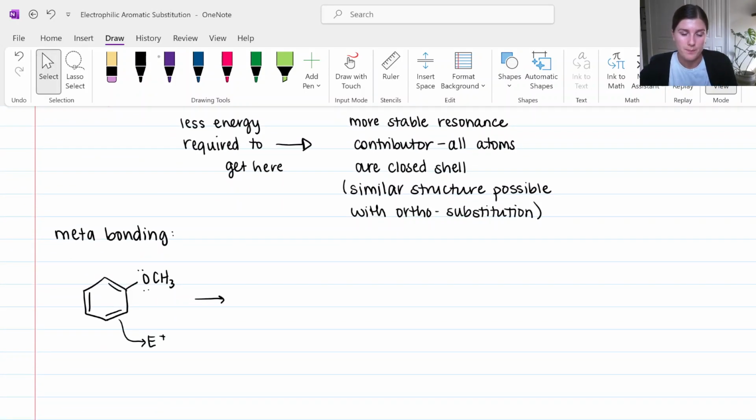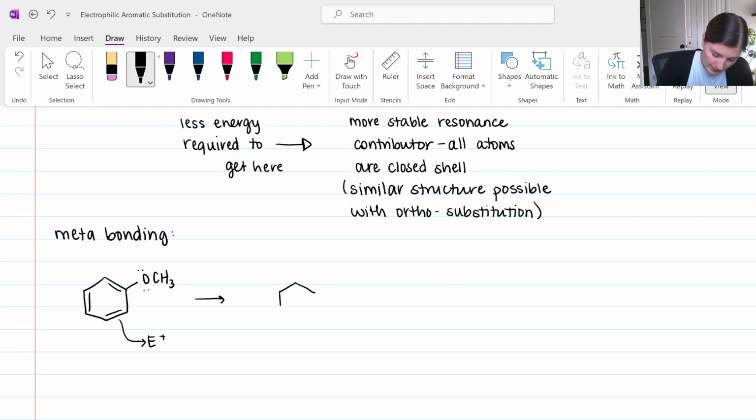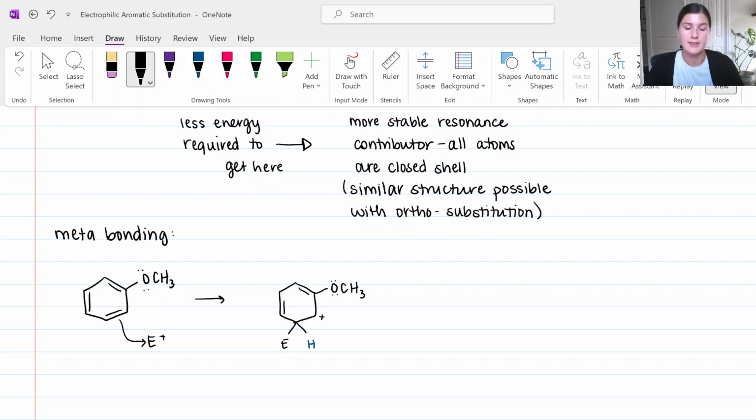One carbon away from the methoxy group. Now, if we draw out this structure where we add the electrophile at the meta position, remember we have a hydrogen, and that generates a carbocation at the carbon adjacent to the methoxy group.